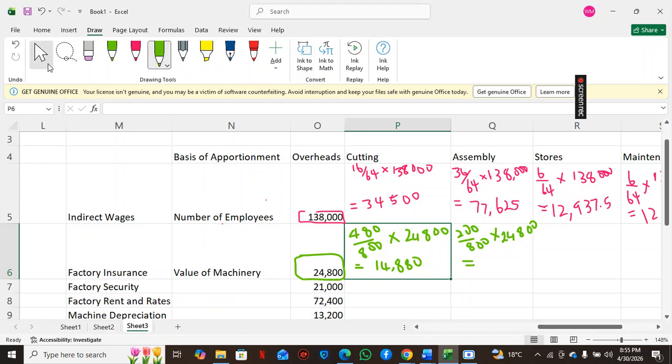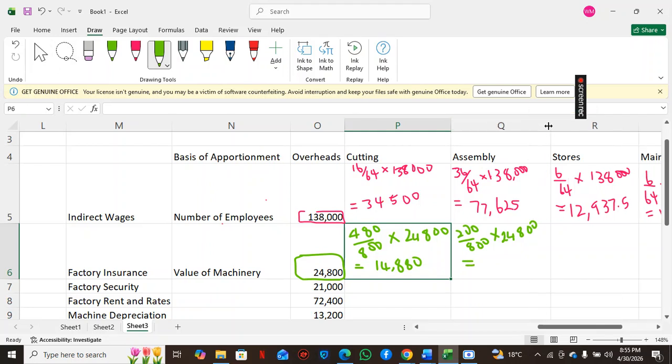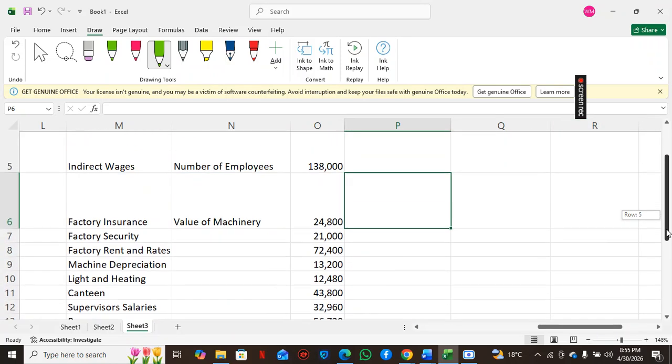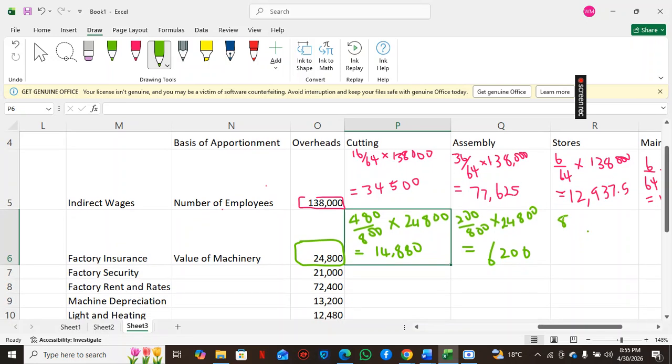What do we get? Stores, you say 80 over 800 times 24,800.